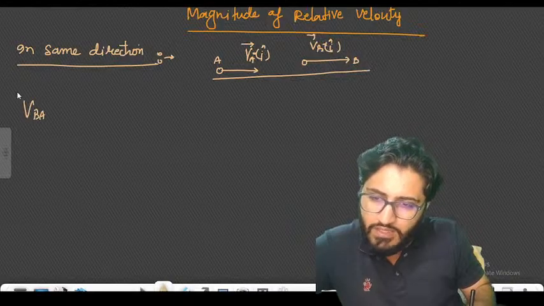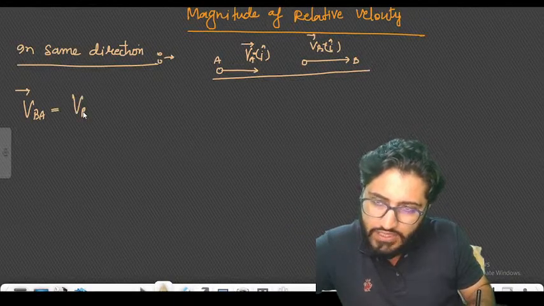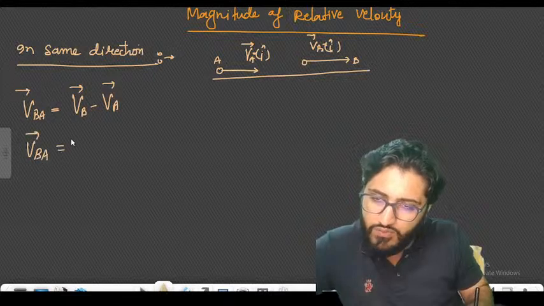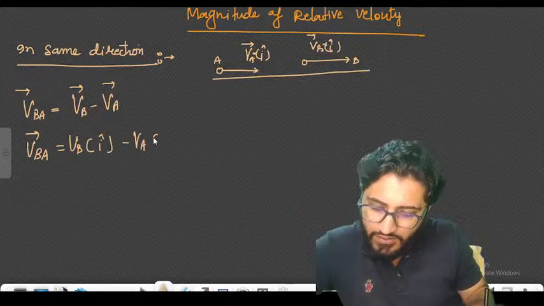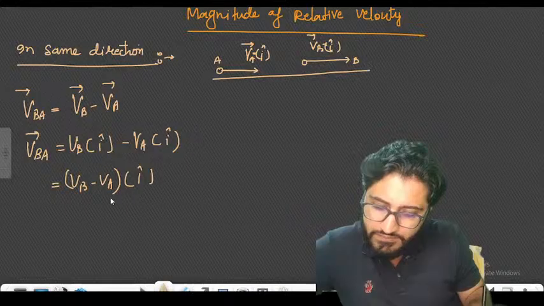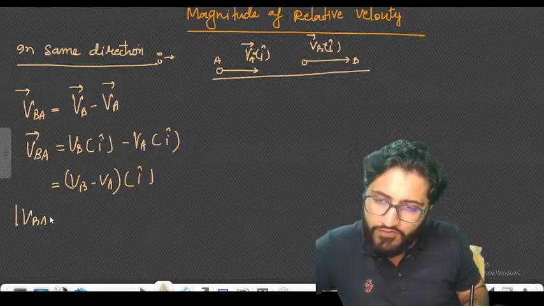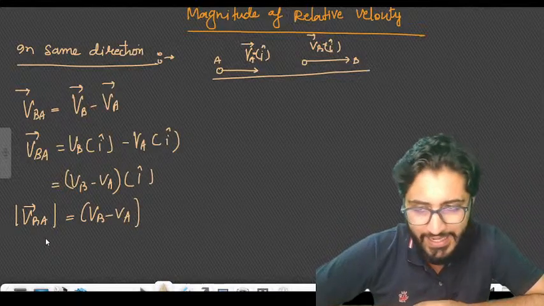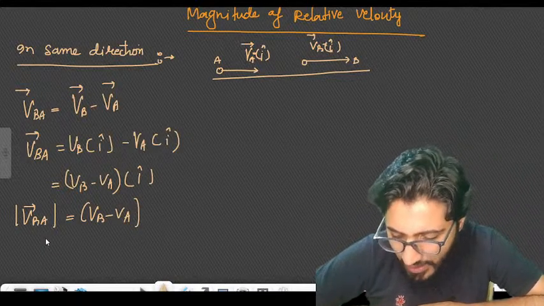VBA is velocity of B minus velocity of A. I can write velocity BA equals velocity of B in I direction minus velocity of A in I direction, that is VB minus VA, taking I common. So the magnitude of it is VB minus VA only.